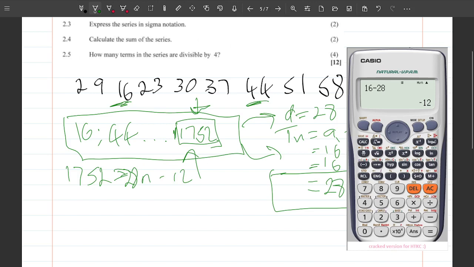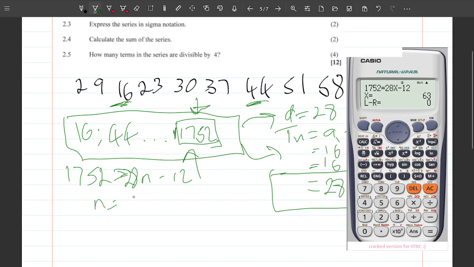Then we're going to let the calculator do the solving for this one. So I'm going to grab it: 1752 equals 28x, I'm trying to figure out what the x is, minus 12, and then we let it solve for us, and this is 63. So we get 63 out of that.